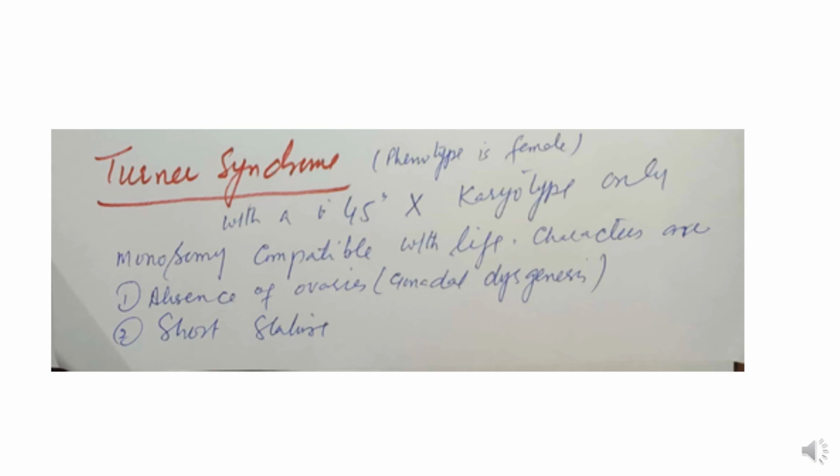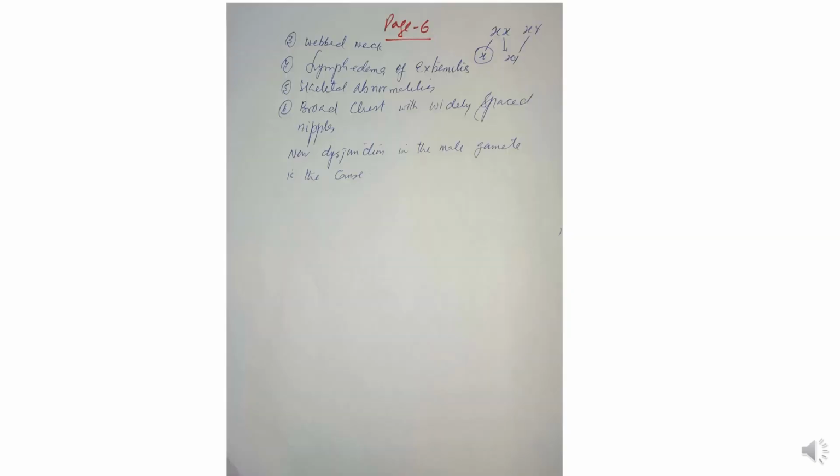gonadal dysgenesis. That is, ovaries are not developed, absence of ovary, gonadal dysgenesis, short stature. Webbed neck, there is a skin fold present on the neck, lymphedema of the extremities, that is swollen extremities, skeletal abnormalities, they are there.